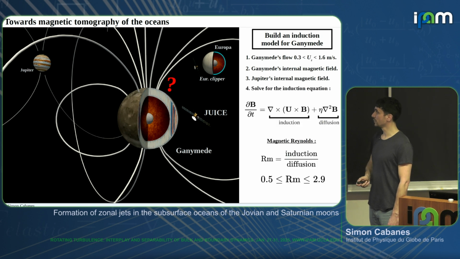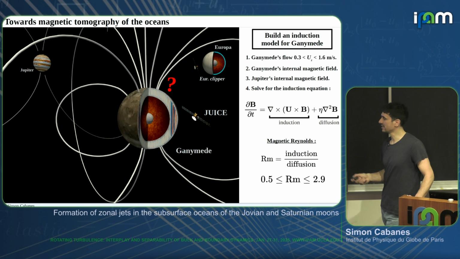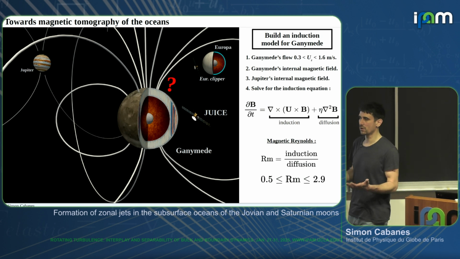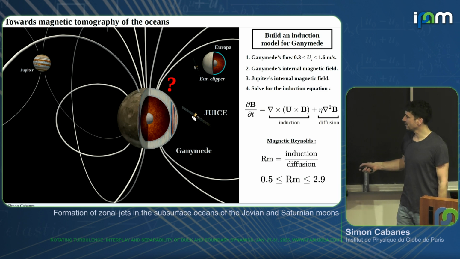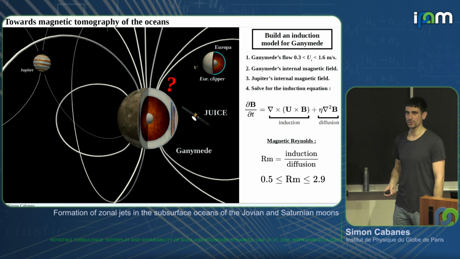And the first thing I have to do is to solve the induction equation in this magnetic environment, and the MAGIC code can do that. So I just solved the induction equation, which is the dependence of the magnetic field in time under the action of the flow, U, and under the diffusion of the magnetic field. And one can consider the magnetic Reynolds number, which compares the induction, so the ability of the flow to produce a magnetic field, and diffusion, the ability of the environment to diffuse the magnetic production.